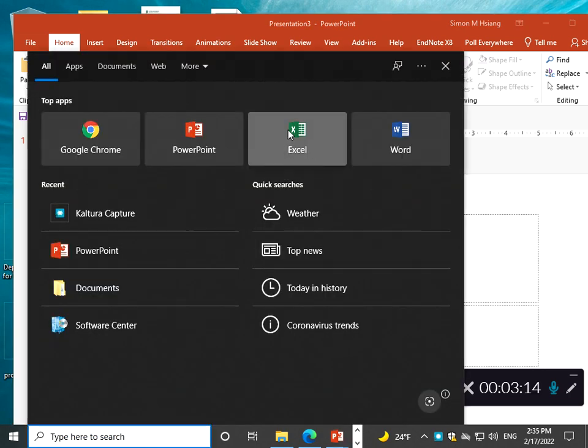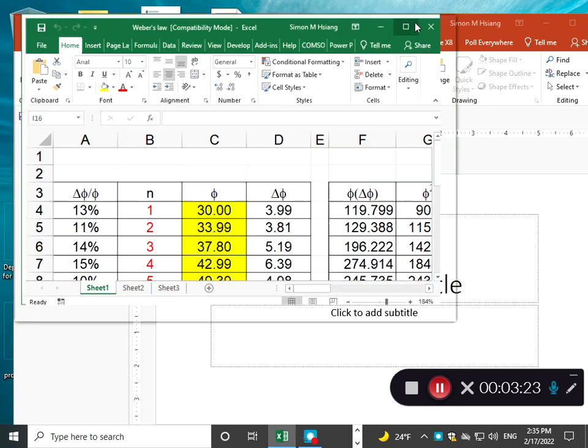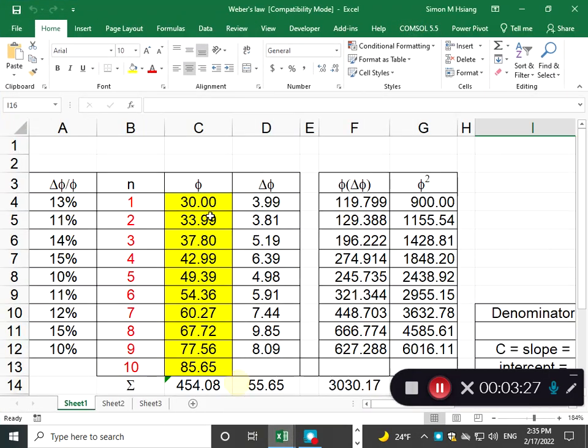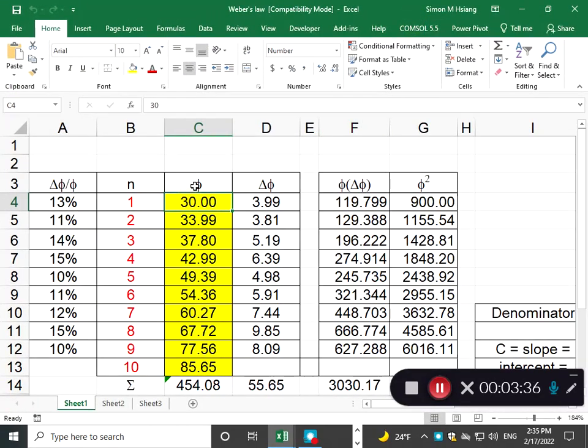And I'm gonna show, okay, let me show that first. Okay, the data point should look like this. Start from a baseline, okay? Start from a baseline. This is a phi.